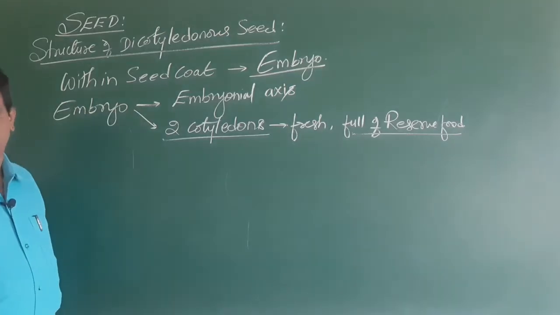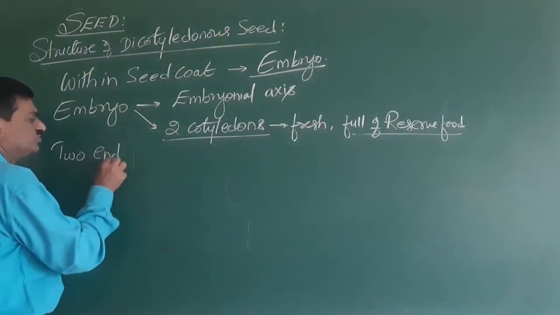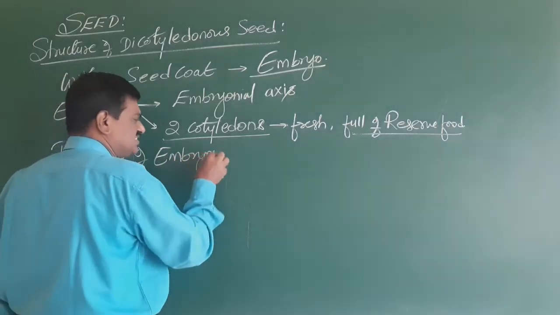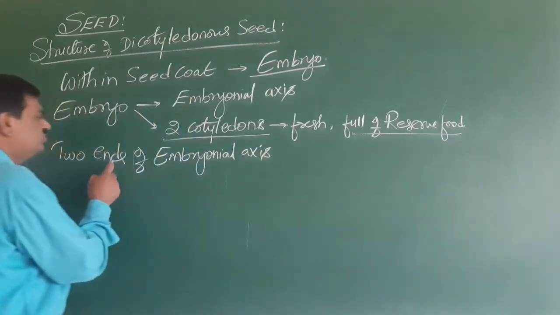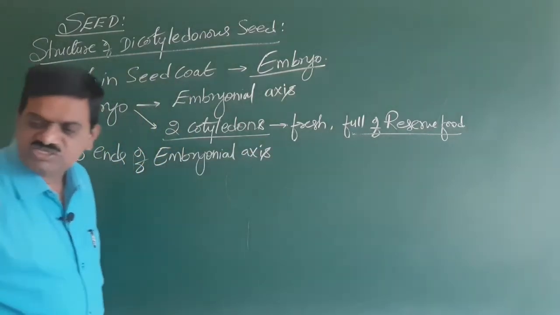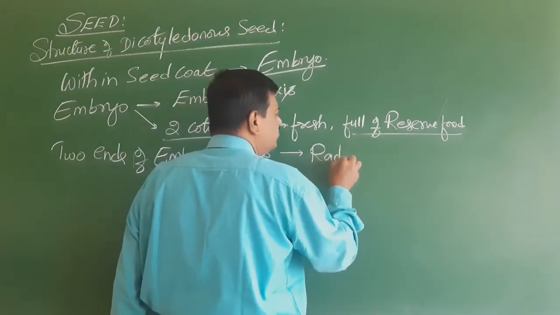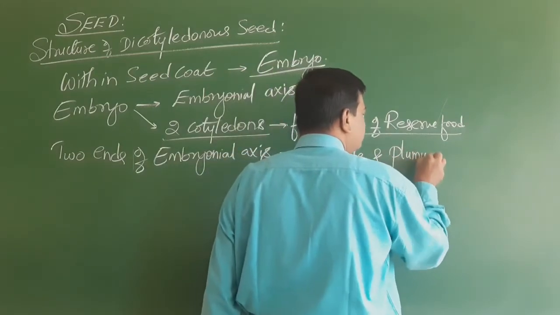Two ends of the embryonal axis have the radicle and plumule.